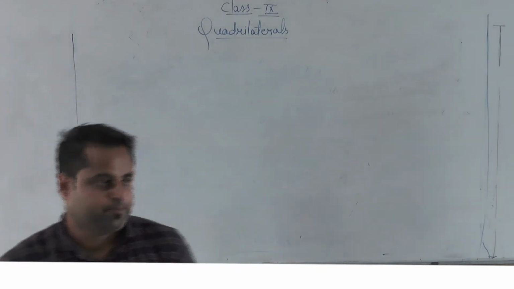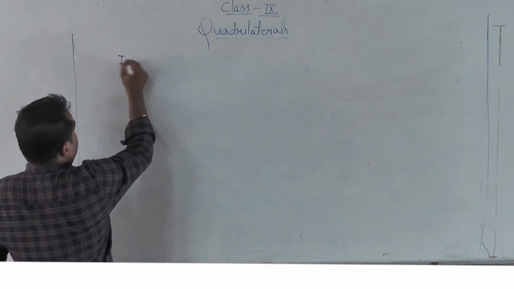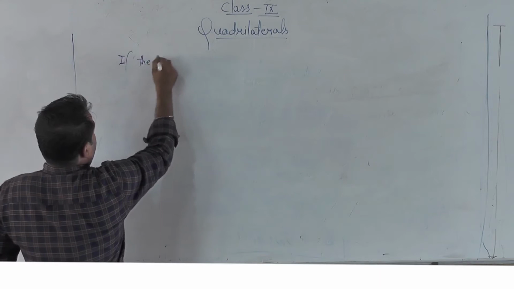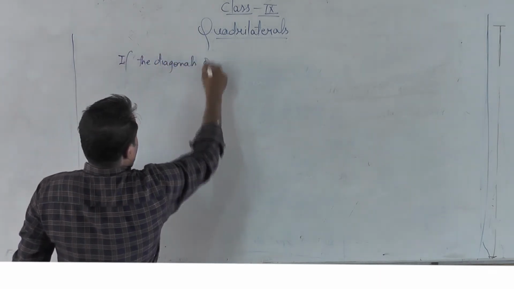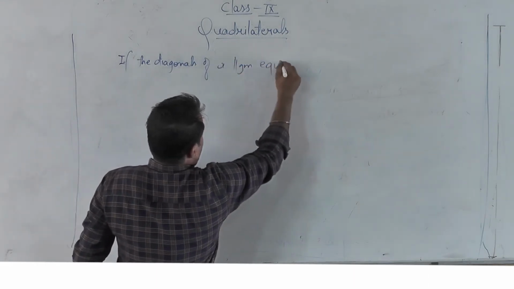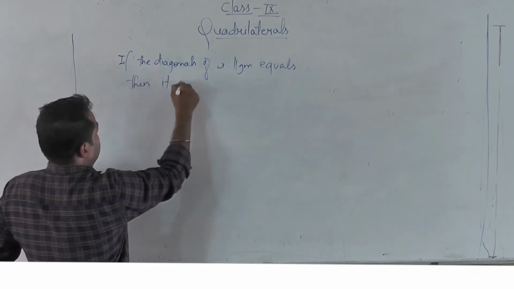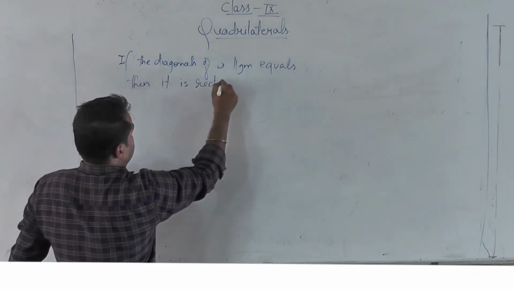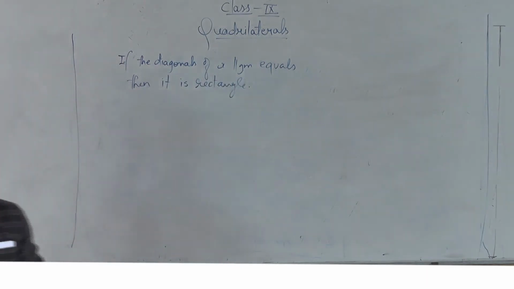Let us take the first question: if the diagonals of a parallelogram are equal, then it is a rectangle. Let us take this first question as an example.